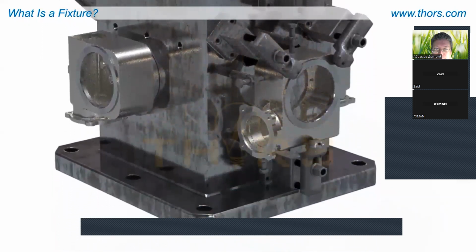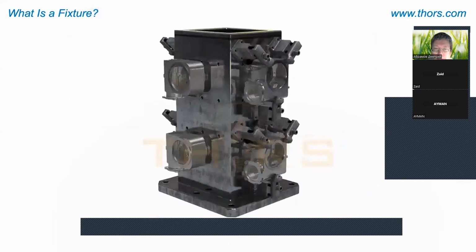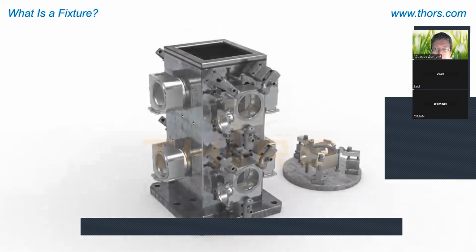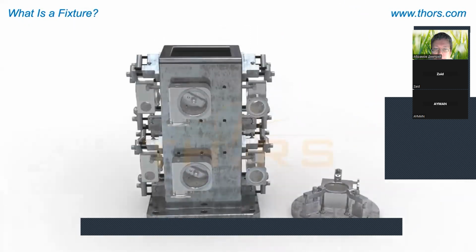Naturally, this type of setup is preferable for high-volume operations. Like many processes involved in mechanical engineering, fixturing is an extremely important step that must be performed correctly in order to maximize profits and efficiency.